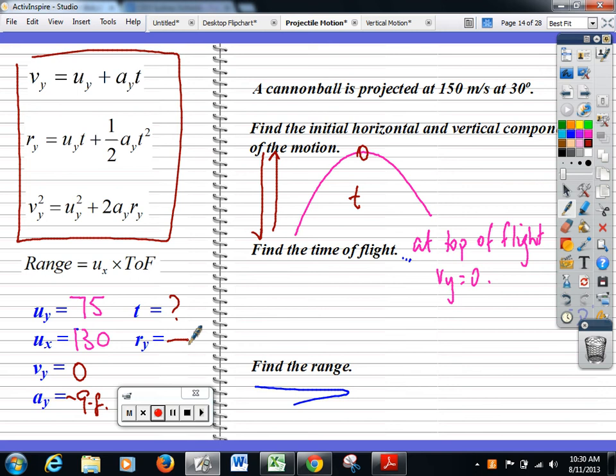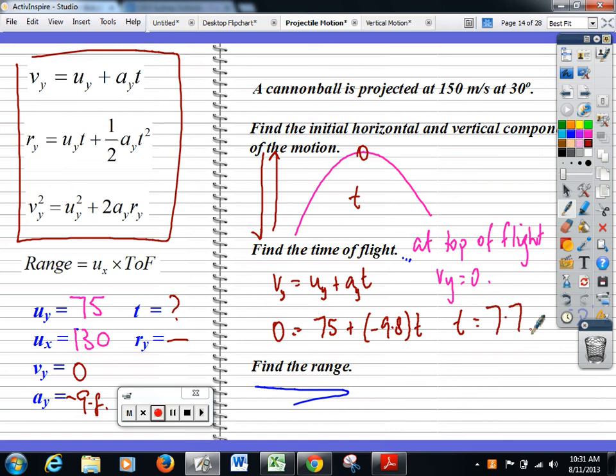What formula would I use? Right, it's Vy equals Uy plus Ay t, and there are y's on all of those. So 0 equals Uy, which is 75, plus negative 9.8 times t. Solving that, bringing the negative 9.8 t over the side and dividing it into 75 gives us a time of 7.7.